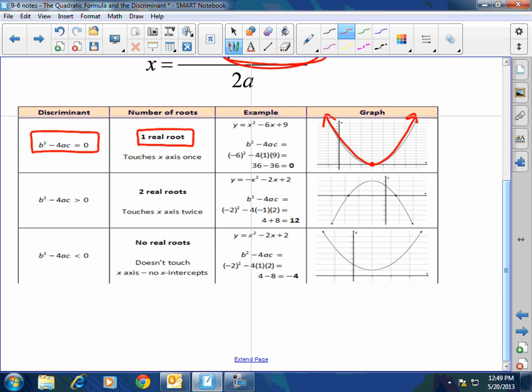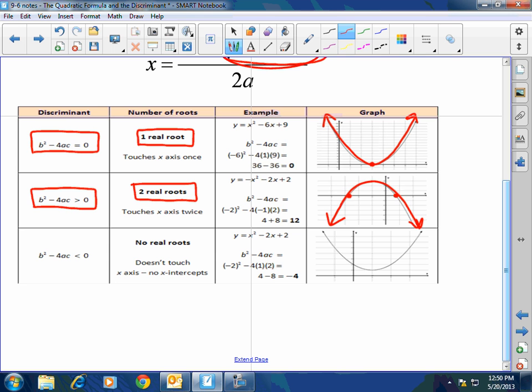When b squared minus 4ac, the discriminant, is greater than 0, you're going to have two real solutions. Okay? And that means that you're going to have two x-intercepts. That means the graph is going to intersect the x-axis twice. And that is when and only when the discriminant is greater than 0.